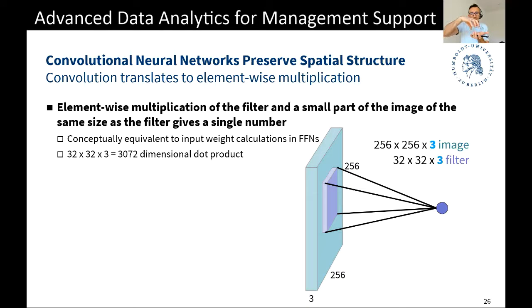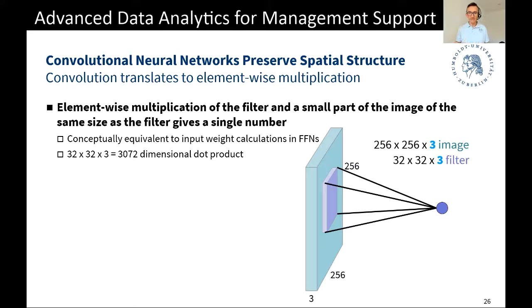You have in the image 32 by 32 by 3 pixels, or 32 by 32 pixels times 3 color channels. That's the same size as the filter, which is 32 by 32 by 3. And then you calculate the pairwise multiplication of a pixel and its color channel with the weight in the filter.